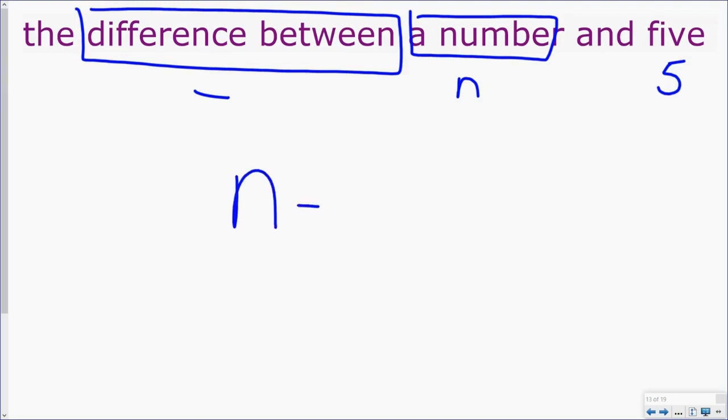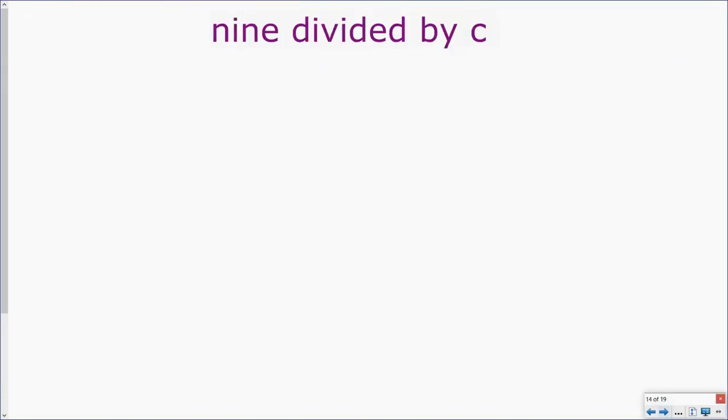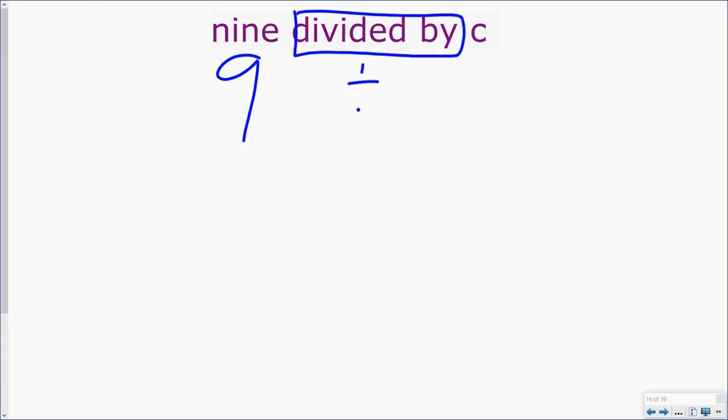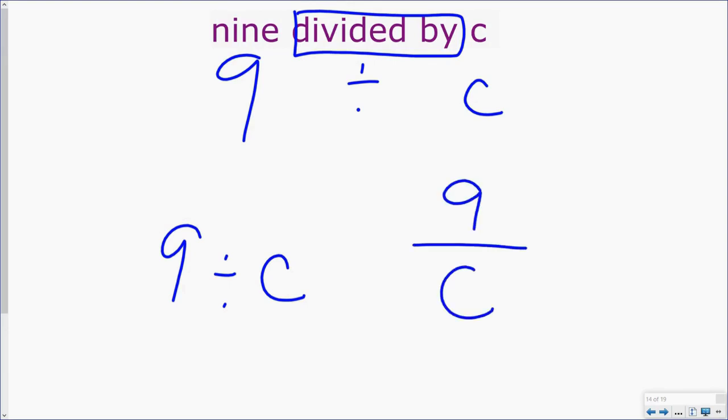So n minus 5. 9 divided by c. Well, we've got 9 and divided by, and then our variable c. So I can either write it as 9 divided by c, or I could even write it as a fraction, 9 over c.